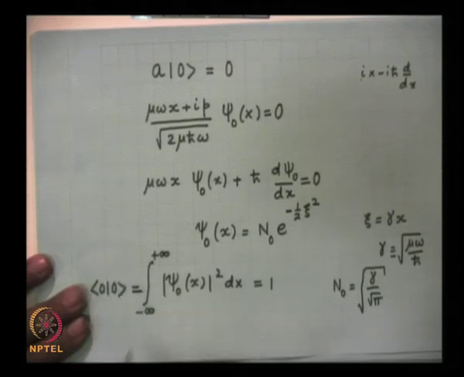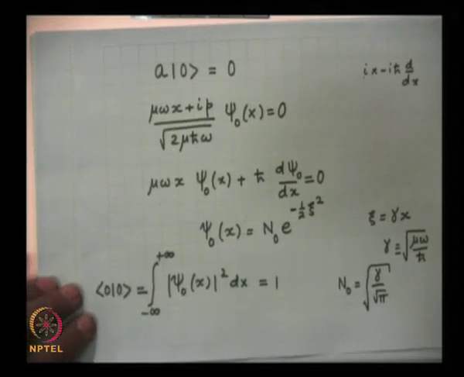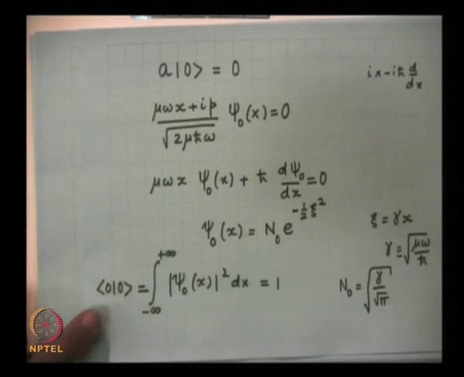The relationship between the Schrodinger wave function and Dirac's Bra and Ket algebra is through the scalar product. This is a scalar product.